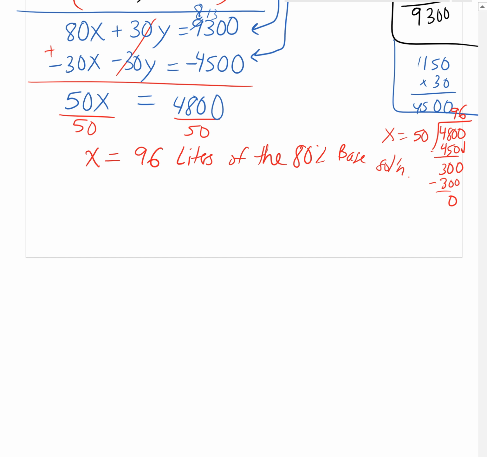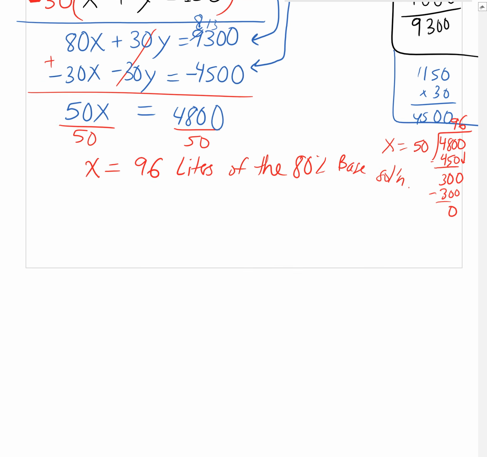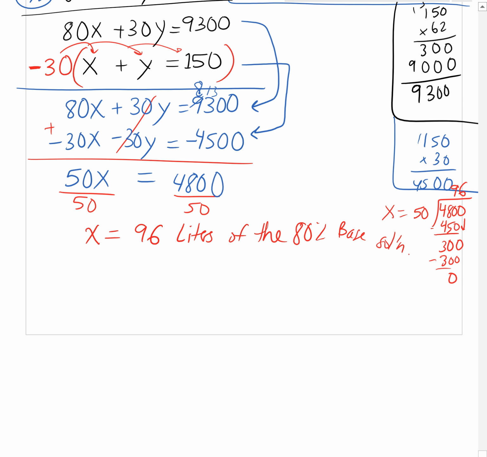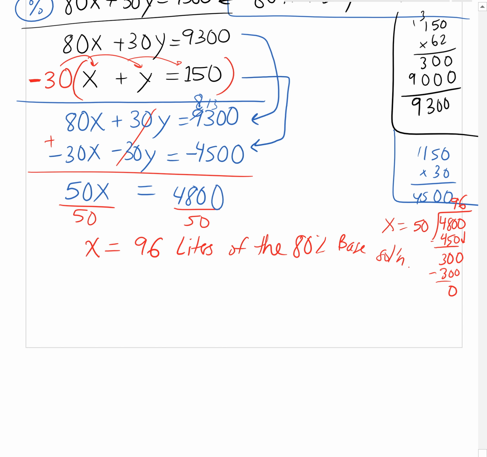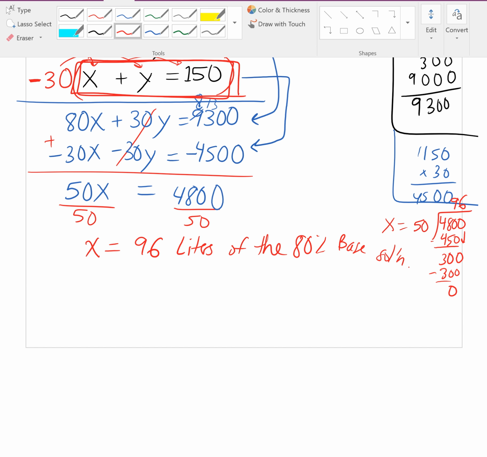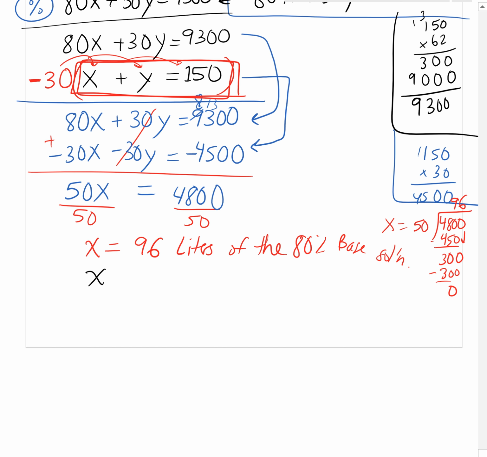Alright, but they also want to know how many liters of the other guy. I'm going to go back and look. What was the simpler equation that I'd like to substitute into? Oh, for sure, this guy: x plus y equals 150. I don't think it gets much simpler than that. x plus y is 150, and replace x with the value I just found, 96.